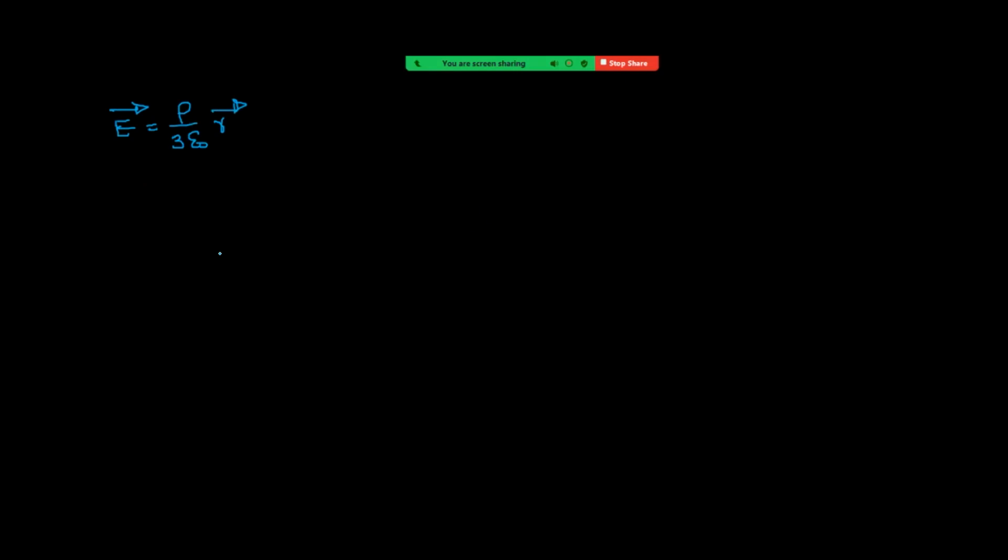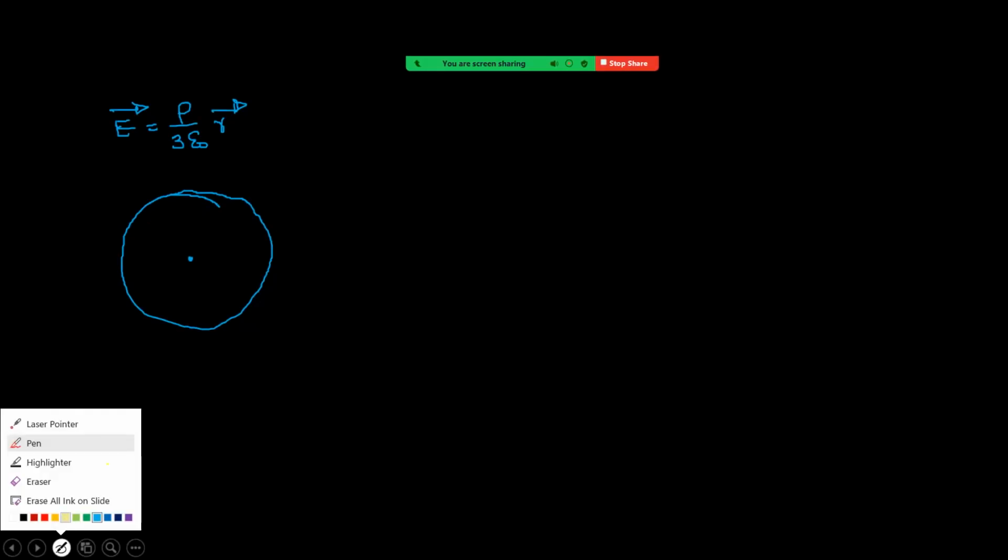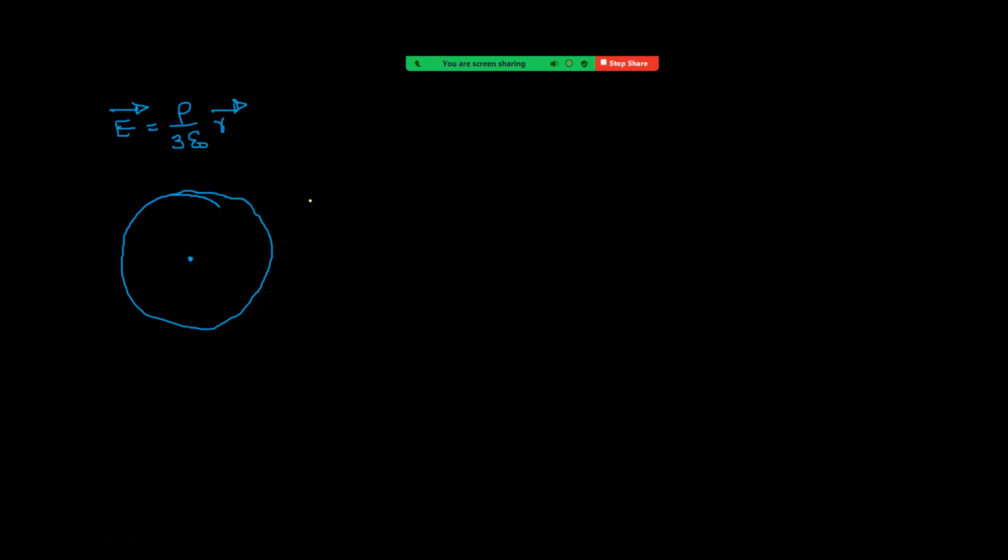This is the bigger sphere, and inside it there is one cavity. Cavity means there is nothing inside. The center of the cavity is at a distance c, that is what is given.